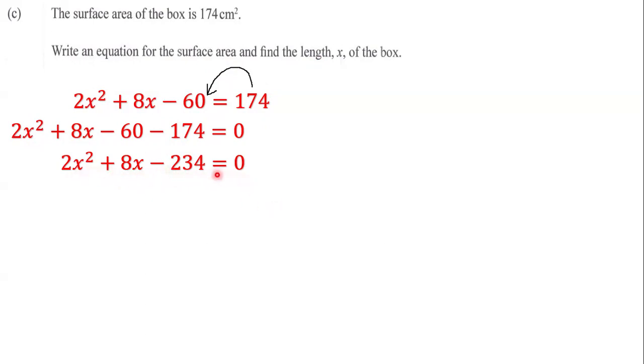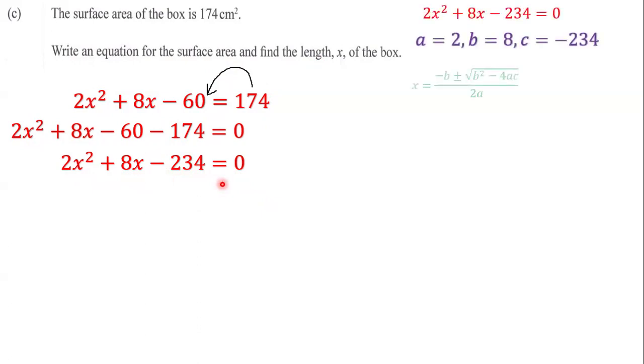And so here we have a quadratic equation expressed in a way whereby we can apply the quadratic formula. What is the general form of a quadratic equation?